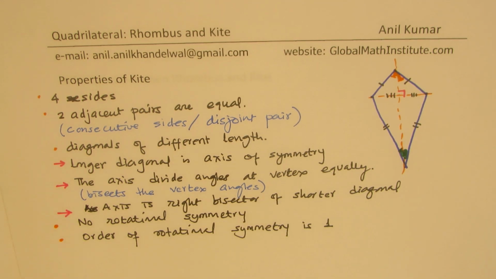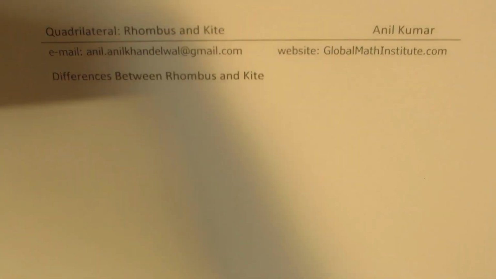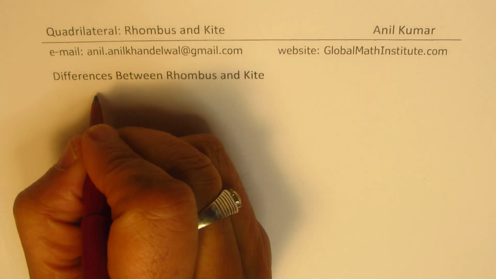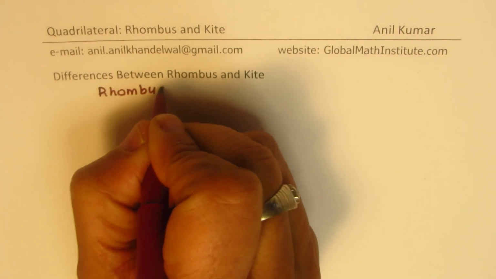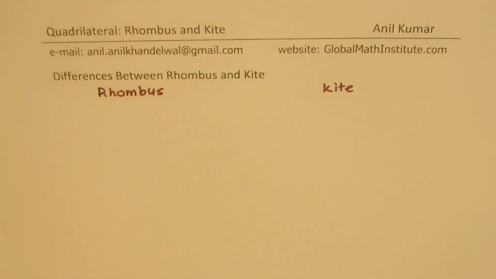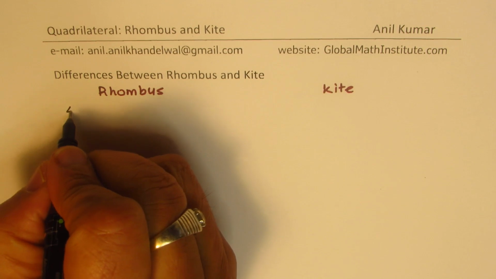Perfect. Now, based on this, you can summarize the differences between kite and rhombus. So let's write down the differences between rhombus and kite. Rhombus has 4 equal sides.